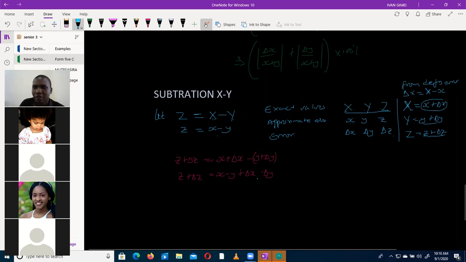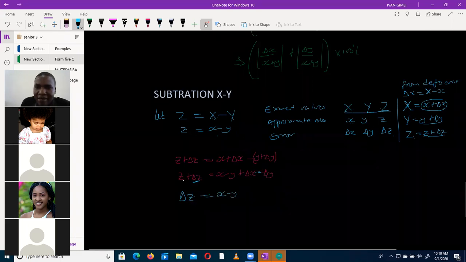Yes. Okay, so we have substituted them here. Now the next thing is I'm going to subtract z on both sides, since I'm interested in finding the error in z, and our z is the same as x minus y. So we're finding the error in x minus y. So the error in x minus y, which is the error in z, will be the same as capital X minus capital Y, then I will subtract this z, minus z, then plus error in x minus error in y.